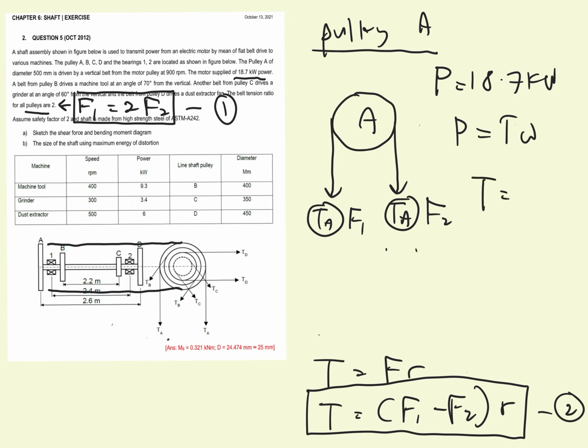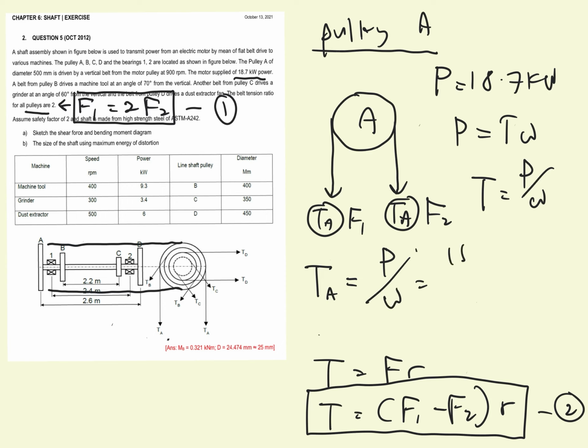So T is equal to P divided by omega. So we need to find the torque at pulley A, given that the power for pulley A is 18.7 kilowatts.